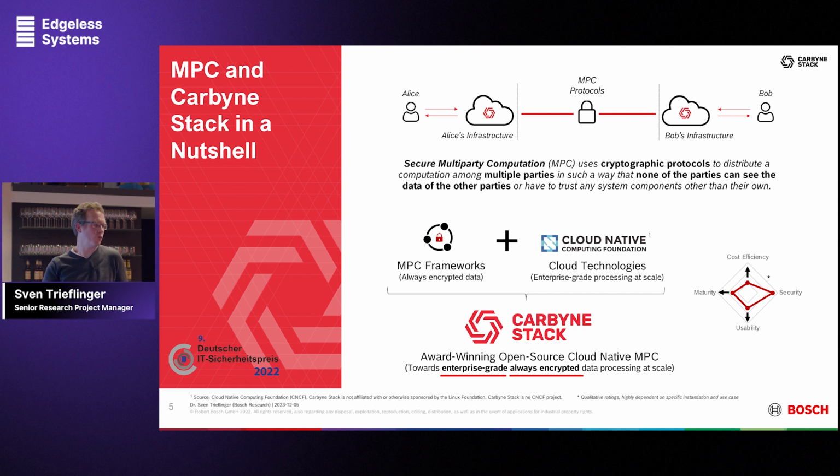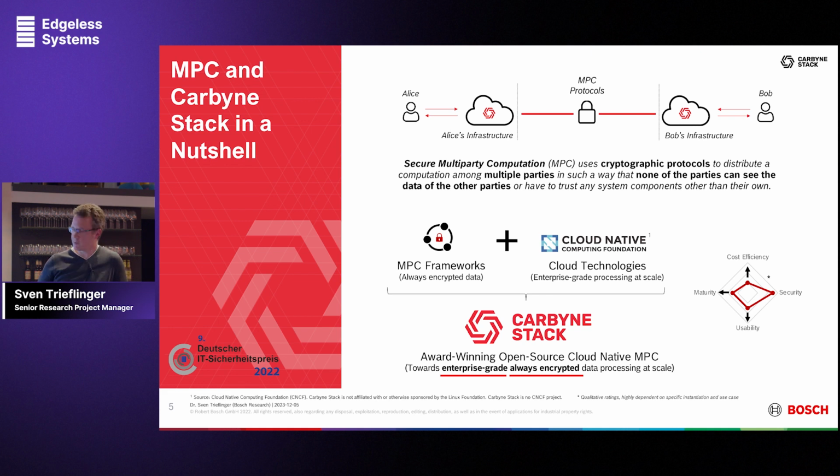You know TLS for encryption in transit, you know modern databases provide encryption at rest, and this is closing the gap in the sense that it provides encryption in use. So even while processing the data, it never gets decrypted. It's also a subtle difference to what we heard about confidential computing, but more on this in a second.